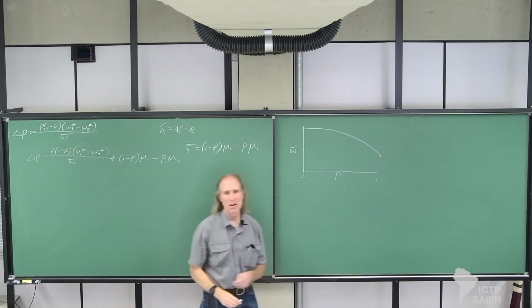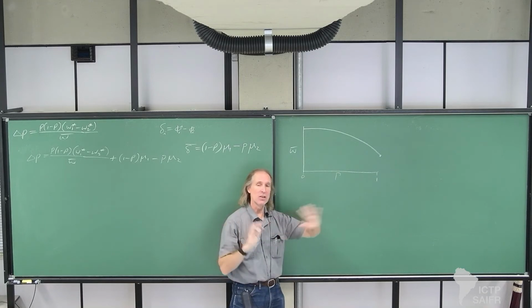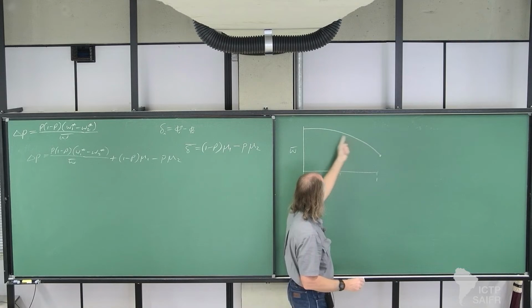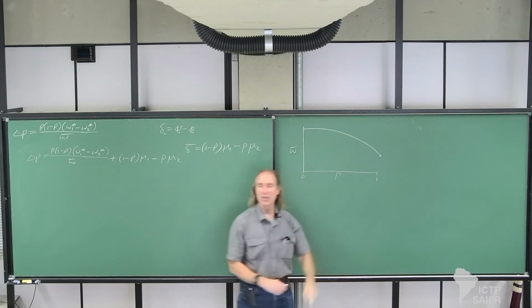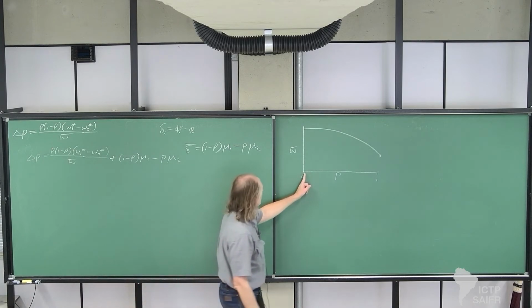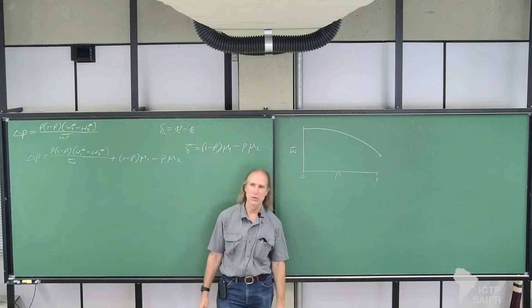And the rate of evolution, if we ignore mutation, just considering selection, is a function of the slope of this function and P times 1 minus P. Well, when I get down here close to 0, that slope is really low. And P times 1 minus P is really low.